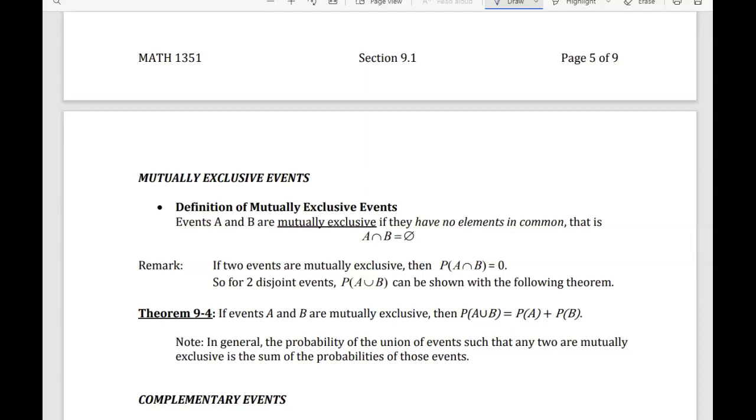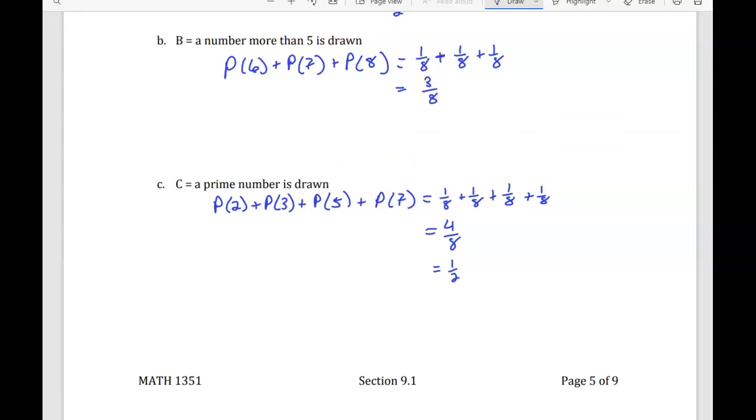If events A and B are mutually exclusive, then the probability of A union B, this is also sometimes known as an OR, is equal to the probability of A plus the probability of B, which is what I was just doing up here, because these are disjoint, these are mutually exclusive. I can't be a 2 and I can't be a 3 at the same time, type of thing.